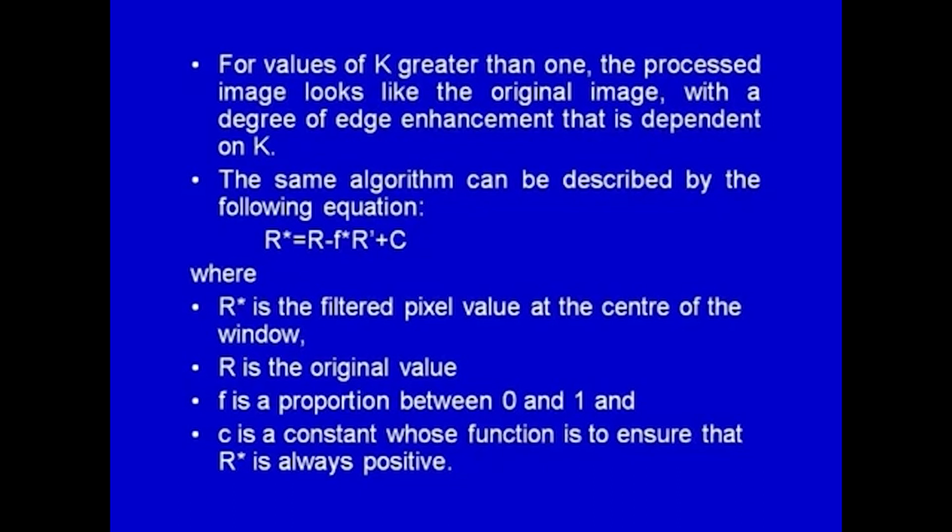The same algorithm can be described by the following equation, that is r star is equal to r minus f multiplied by r dash plus c, where r star is the filtered pixel value at the center of the window, r is the original value, f is a proportion varying between 0 and 1, and c is a constant whose function is to ensure that the value of r star is always positive.